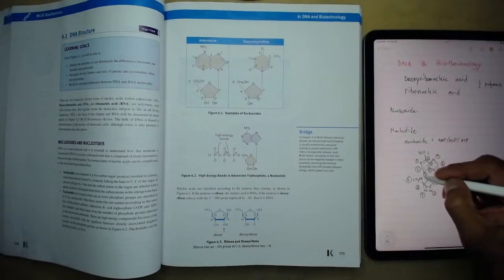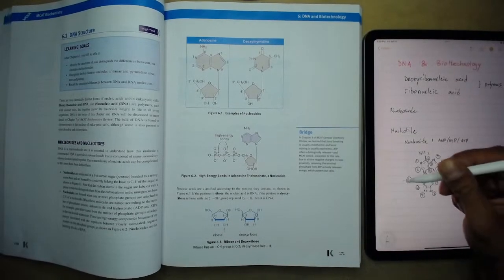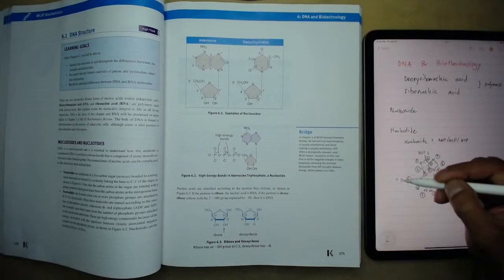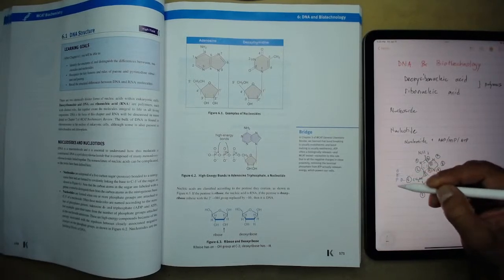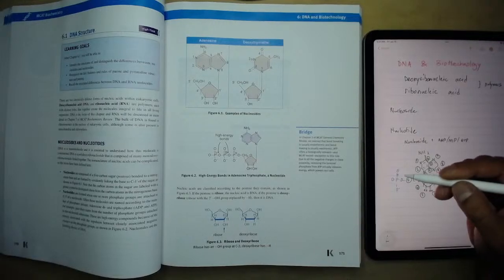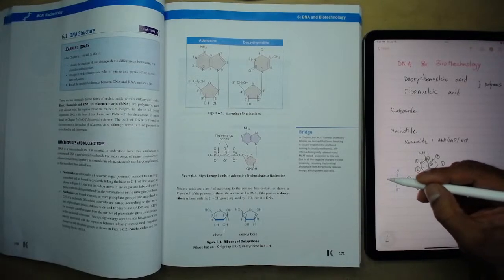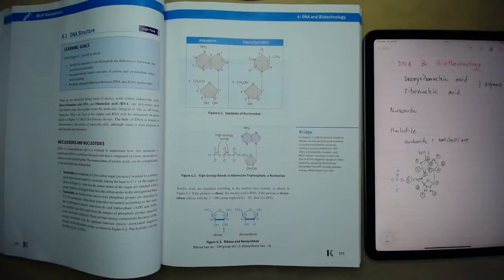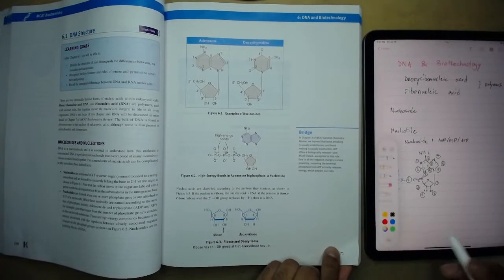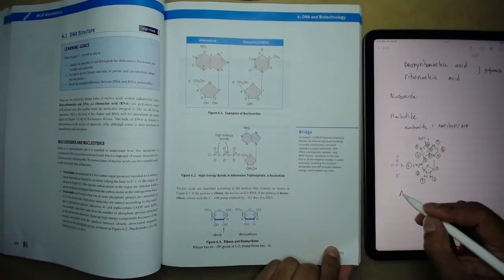If you could kick off water, then you can add oxygen and a phosphate. And you can add more. That is adenosine for you.